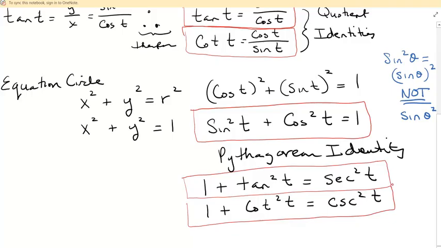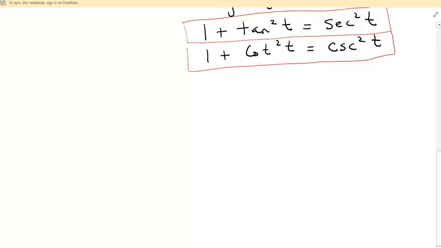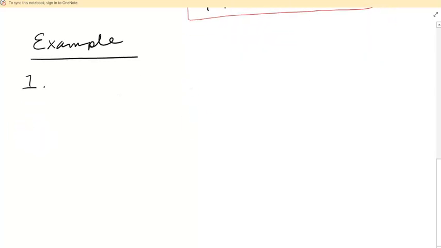So what does all this mean? Well, it's got a lot of different purposes. Let's start with something a little more simple, and we'll do an example. For this particular example, let's suppose we have a unit circle.